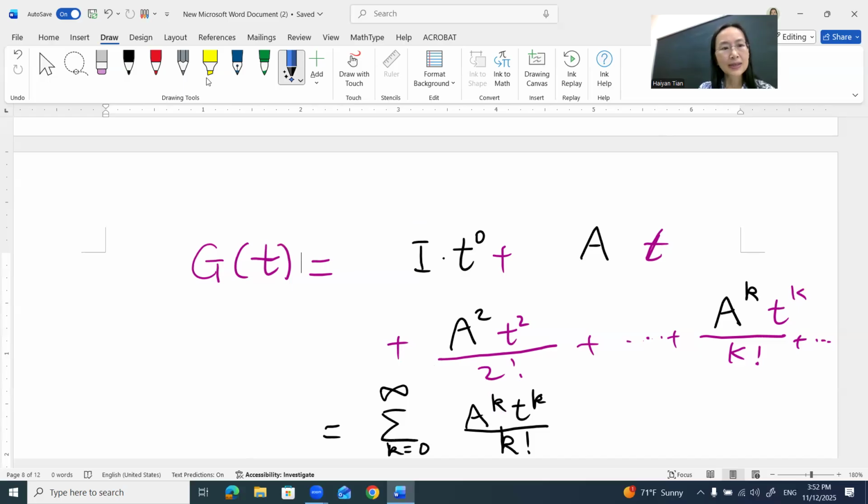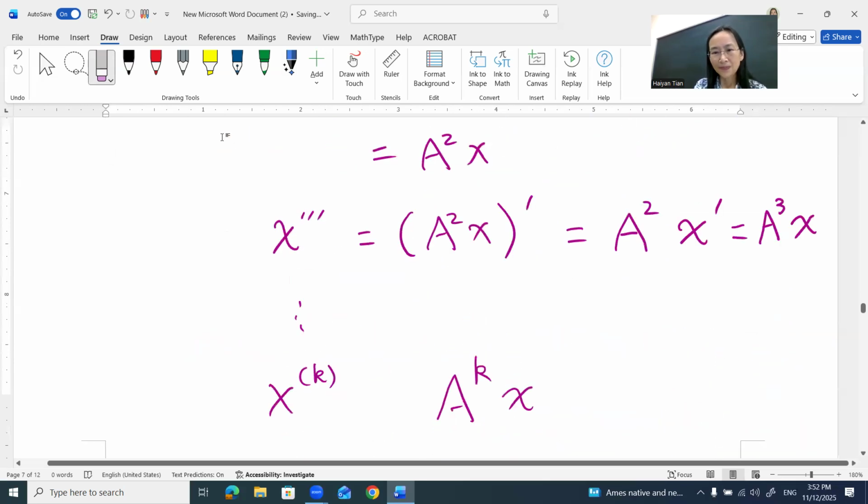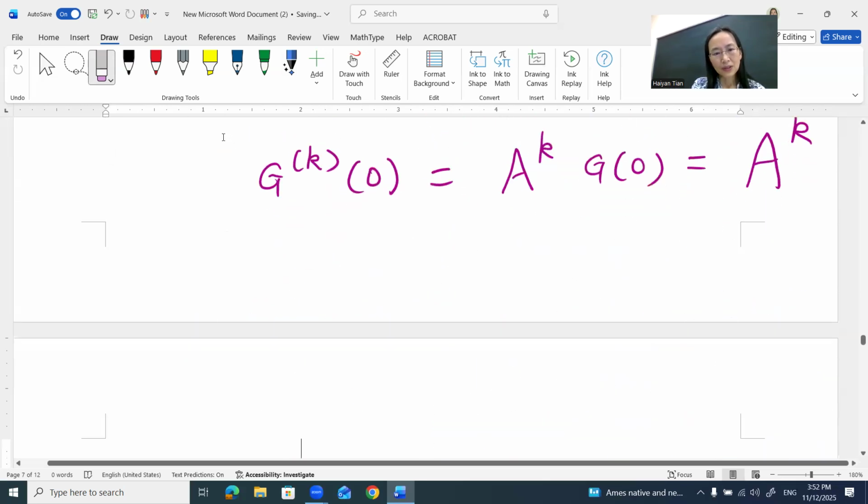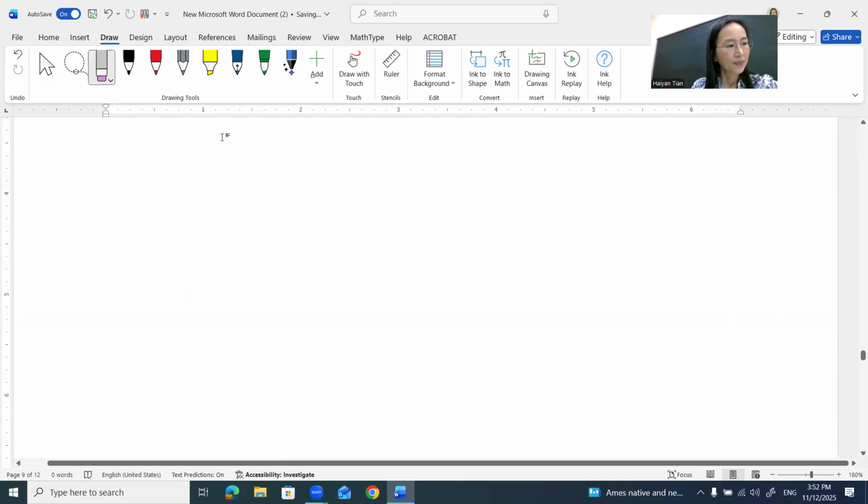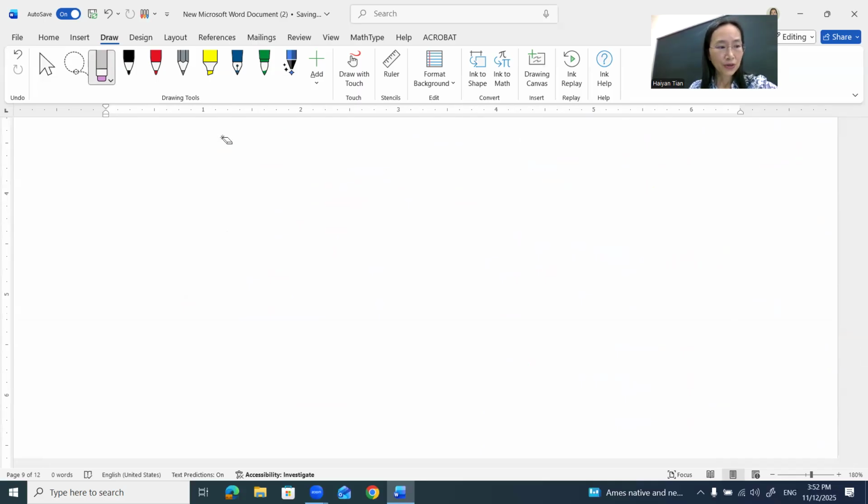That's the first term, simply the same as identity. So after we have this result that we can use for a constant coefficient matrix, you can use this as a technique to find the fundamental matrix.